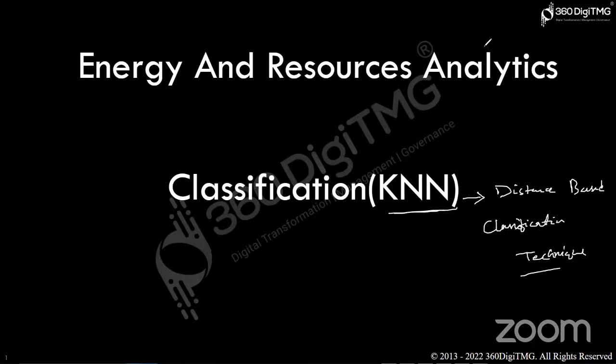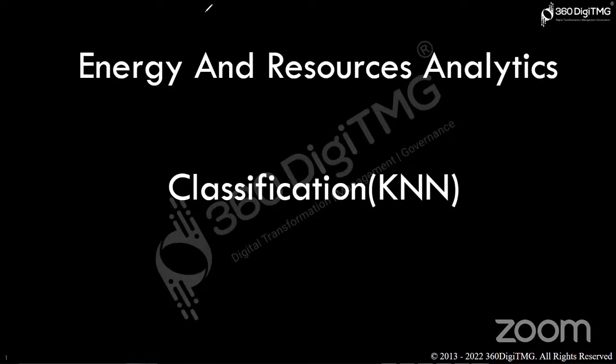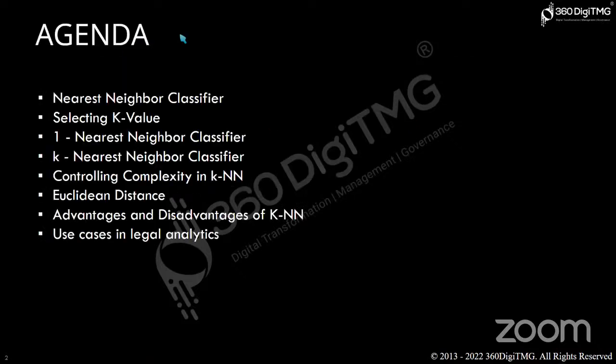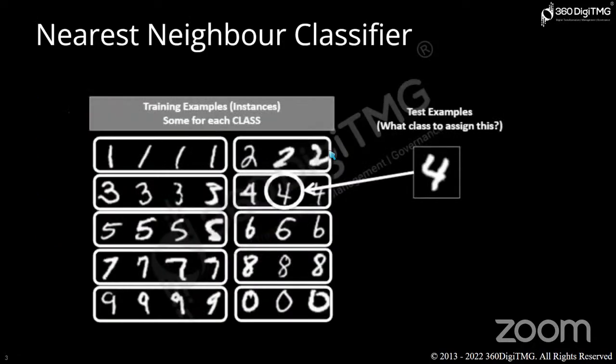We'll be learning the nearest neighbor classifier: how does it work, selecting the k value, what is one nearest neighbor, what is k nearest neighbor, how to control the complexity in KNN, what is Euclidean distance, what are the advantages and disadvantages of KNN, and some use cases.